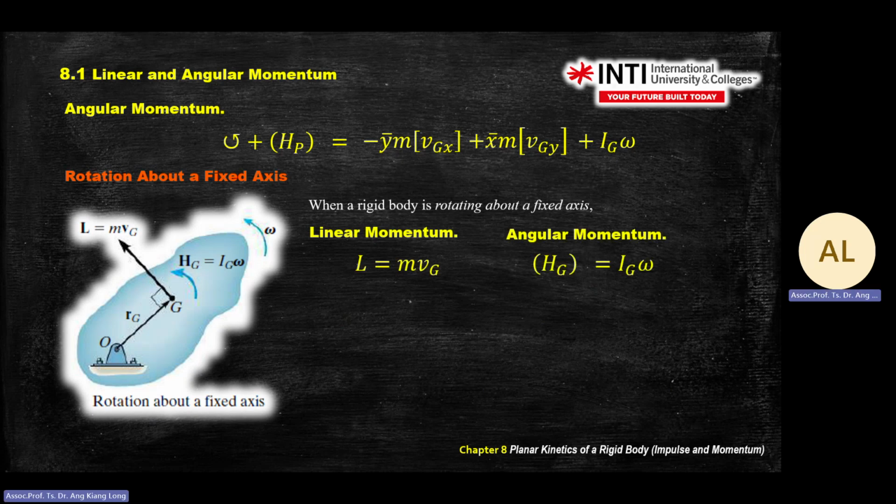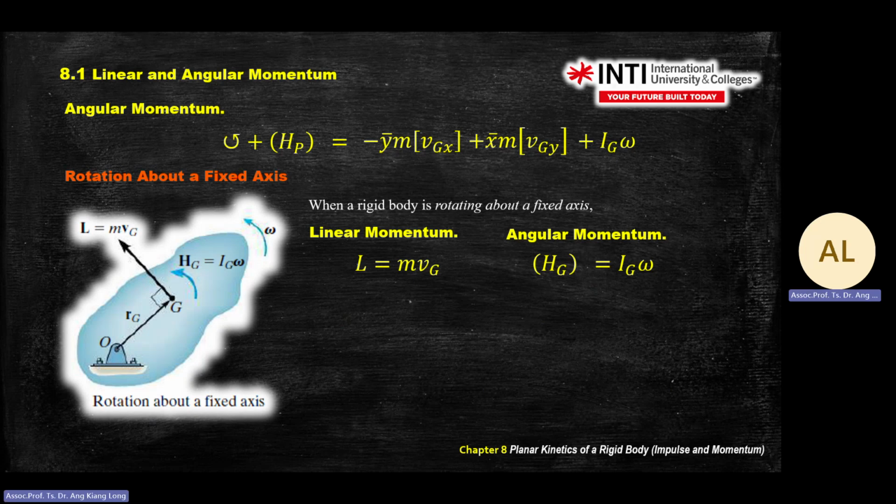If a rigid body rotates about a fixed axis, you have 2 components. If the body rotates at a fixed point, you have linear momentum and also angular momentum. You need to find where the center of mass is. The center of mass always gives you the tangential direction velocity. So you have L equal to mv.